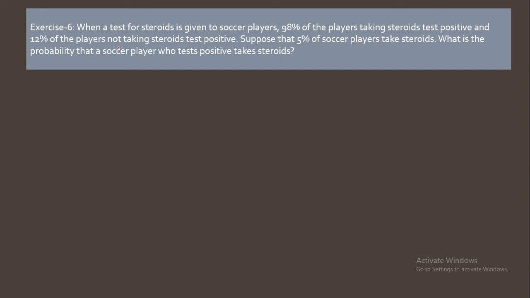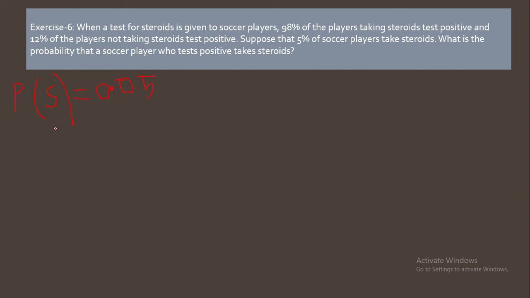What is the probability that a soccer player who tests positive takes steroids? So if we say that S equals the event that a player takes steroids, then probability of S is given, which is 0.05 or 5%, right? That is the probability of a player taking steroids.